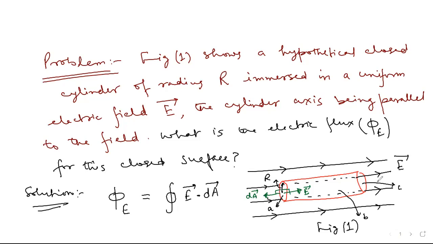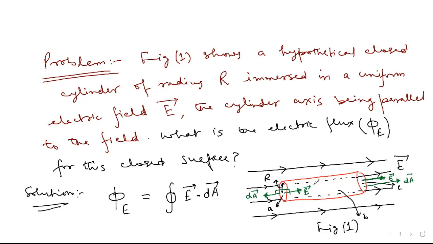For the right hand cap, the electric field is to the right. This is the electric field. The area vector is similarly directed, so this is the area vector. So the angle between the area vector and the electric field is 0 degrees for the right hand cap.